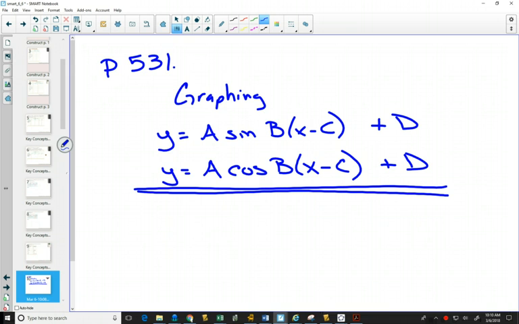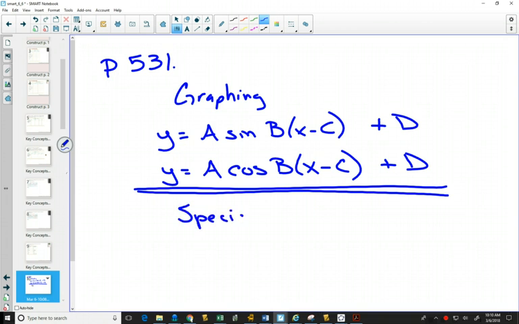There's a connection between the B value and your period. There's a connection between your D value and the center line. And if we put all these connections together, we can actually create a different order for graphing sine and cos that makes it easier and shorter. So that's what we're going to do right now.